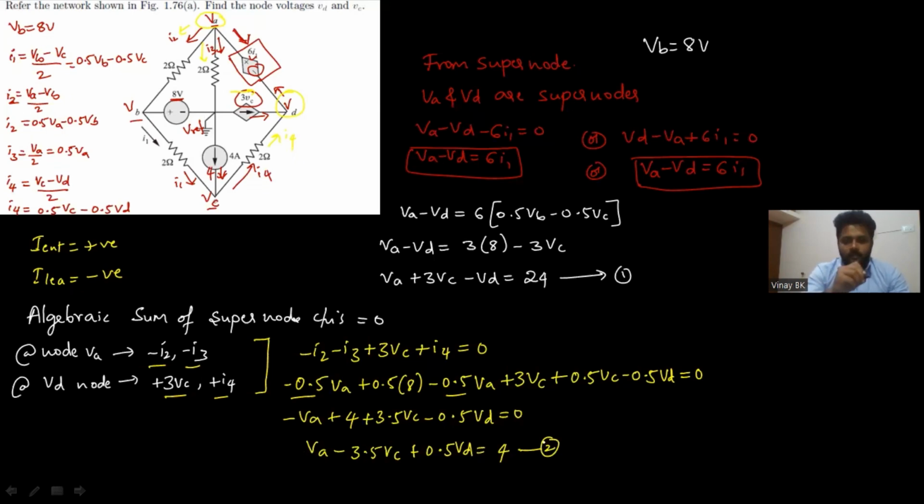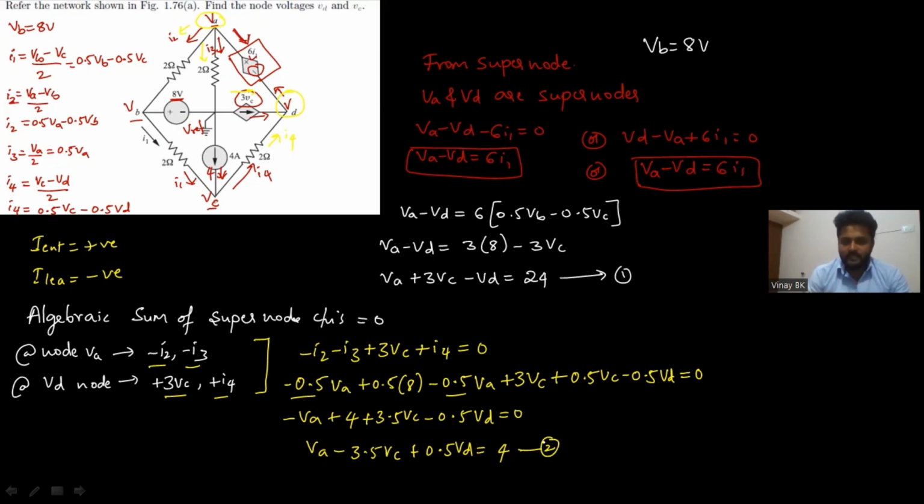So now observe the nodes. VA is a supernode, VD is a supernode. From that you already got equation 1. Then the VB value you already know, so there is no need to apply KCL at the VB node. So the VA, VB, VD nodes are finished.